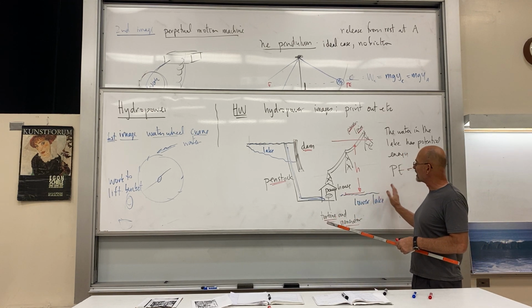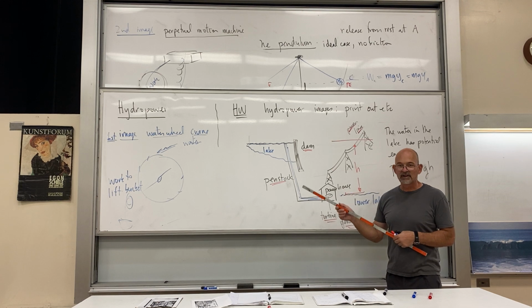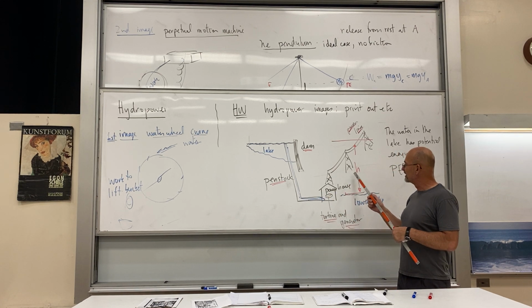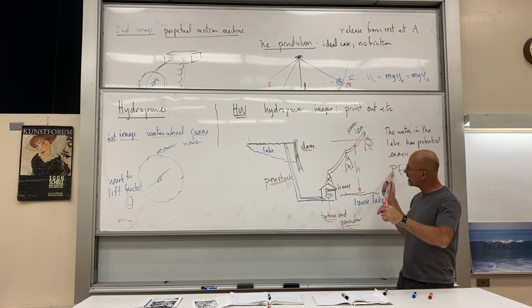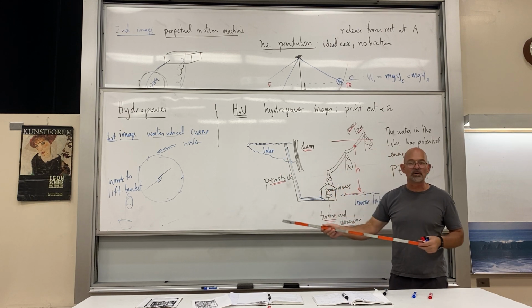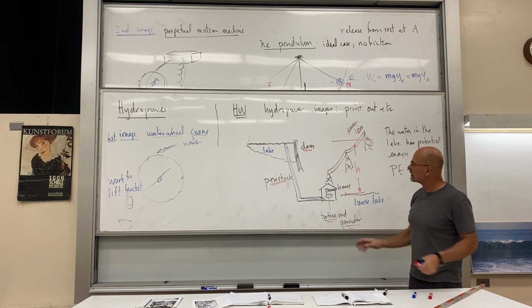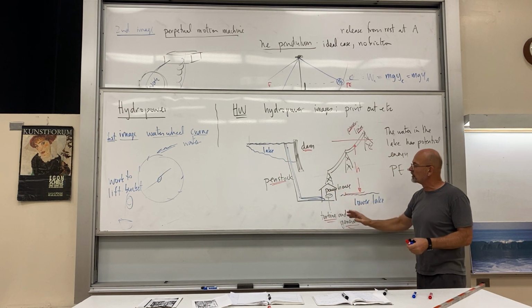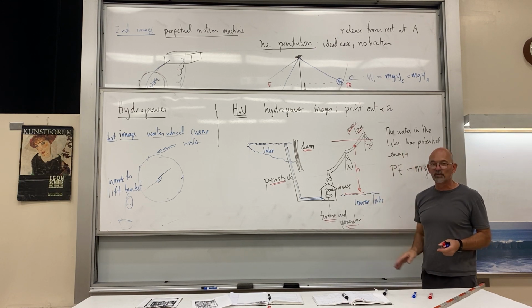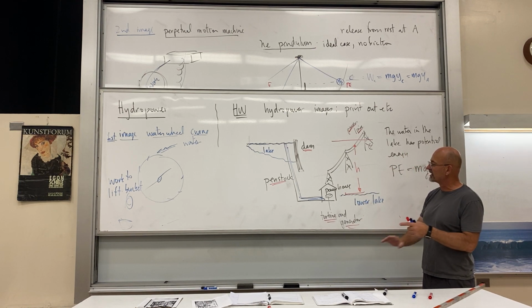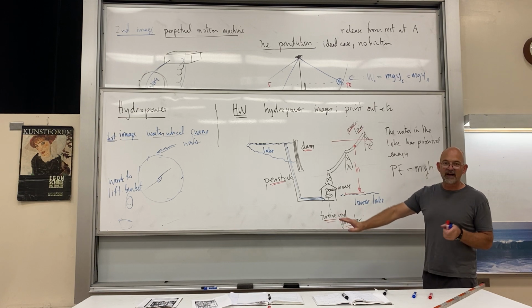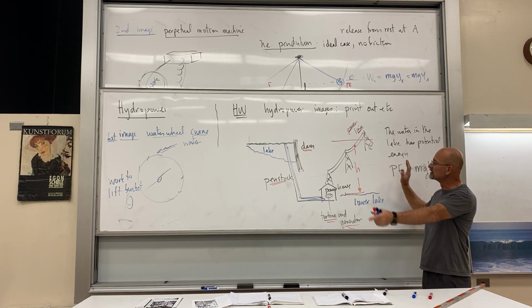Since it evaporated off the ocean, we're talking about the water cycle, and the energy that carried the water up to the lake in the first place is solar energy. So this whole hydropower cartoon, which we're even going to expand on, is really rich. It will have pretty much the entire semester's worth of knowledge on one board.